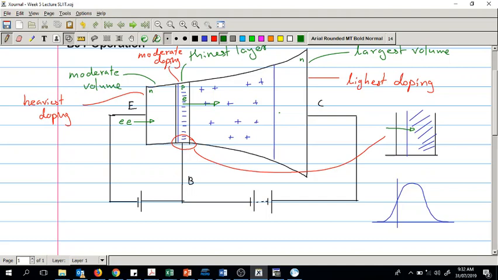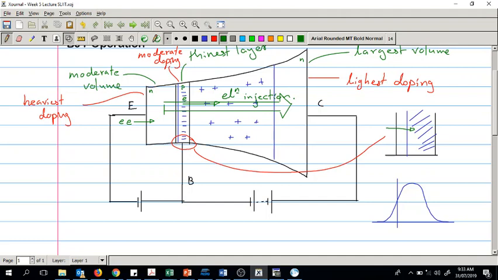As a result, there will be a huge electron injection from the emitter to the collector, right? There is a huge electron injection from the emitter to the collector.